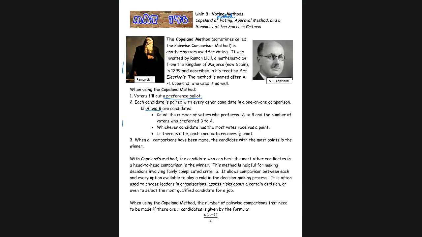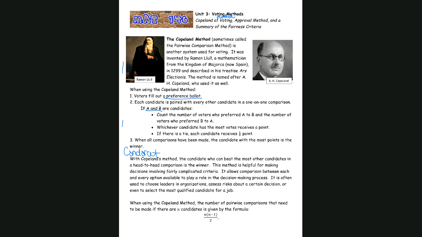This should remind you of fairness criteria a little bit. If you remember the Marquis de Condorcet, do you remember that when we use the plurality method, sometimes the person who gets the most votes, when you compare the candidates one-on-one, in fact does not beat every other candidate. The Marquis de Condorcet figured that out.